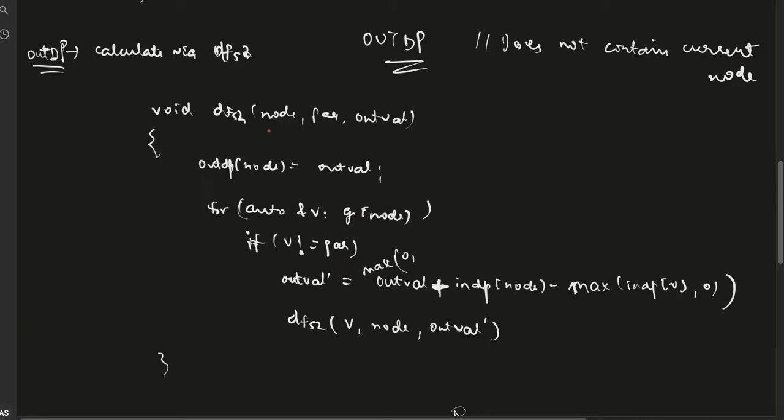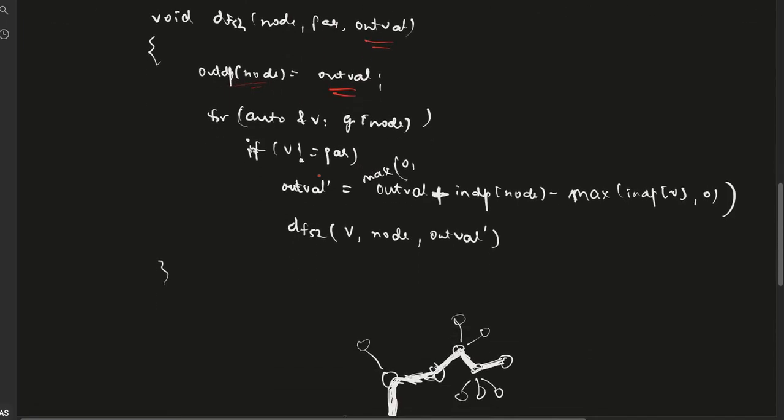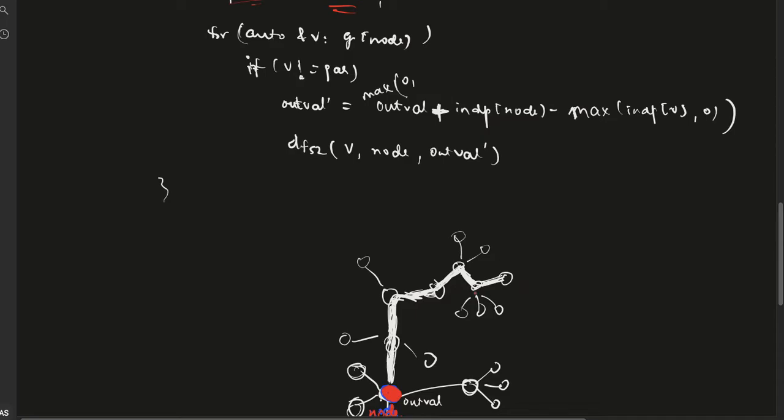So we calculate this via a DFS, and we pass the value of the out DP to the function.